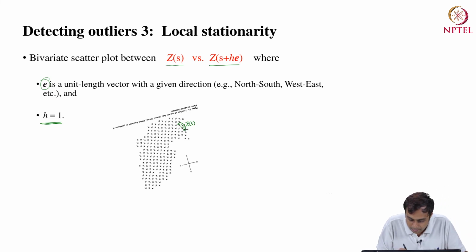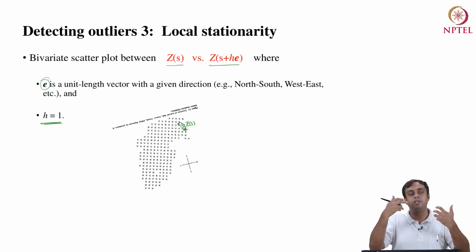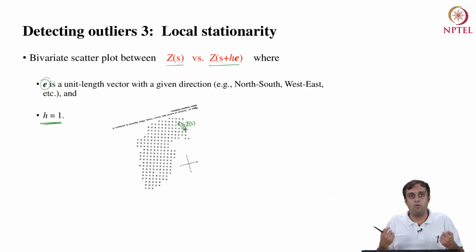If I go one step south, or one step in the downward direction, I'll have my cross, which will become S plus E. E now is just the southern direction, or downward direction from S, one step in that direction, right?